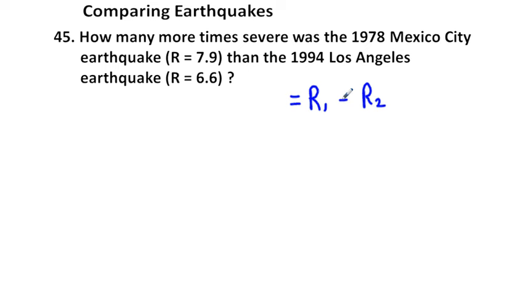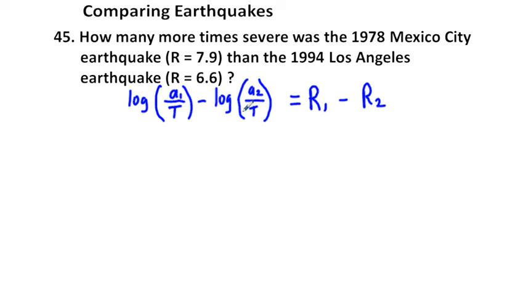If you take the Richter scale difference, it's going to be the log of some shaking amplitude over T, minus the log, and that's log base 10, of the shaking amplitude of the second earthquake over T.